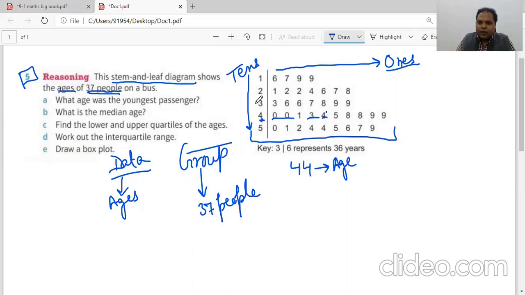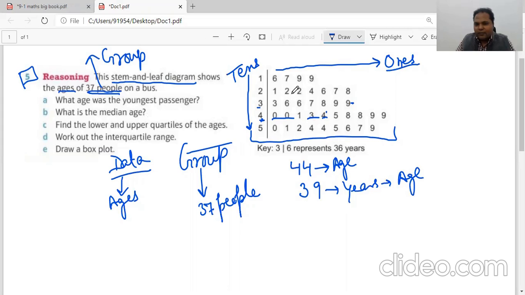Similarly, I can take this 3 and I may take 9, so that means 39 years is again an age of one of the persons from our group of 37 people. All right, so this is how we read a particular stem and leaf diagram.